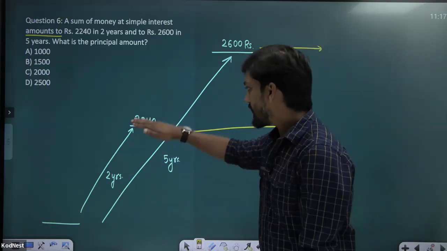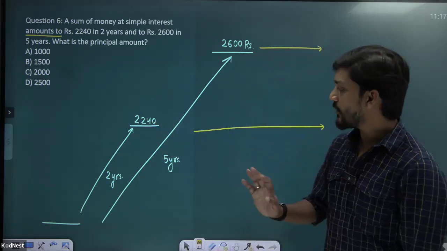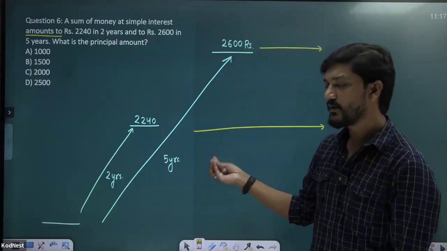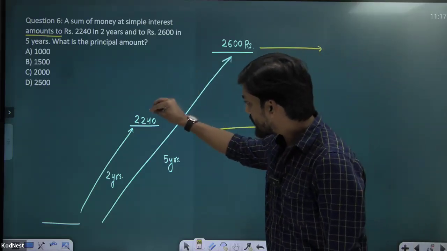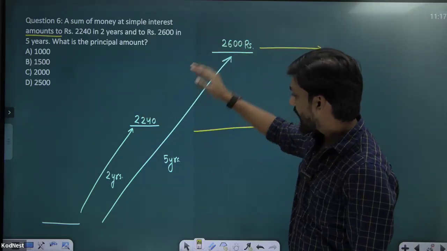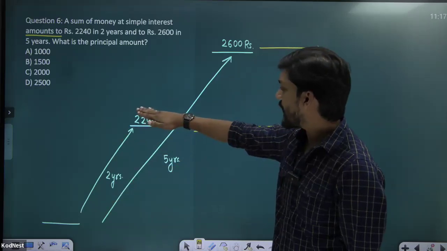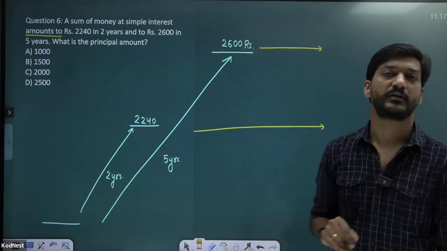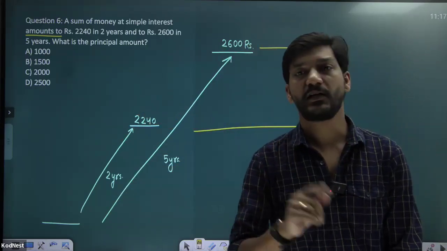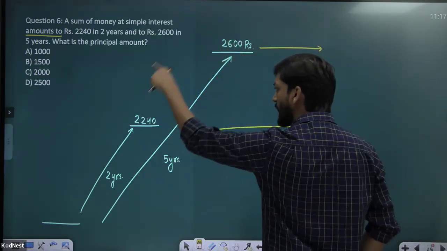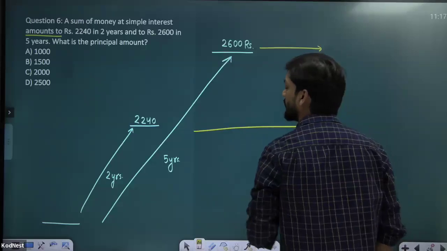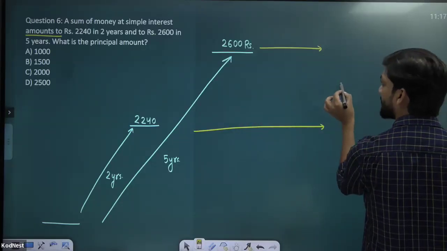After 2 years, you will see this balance. You are not depositing anything else. You are not withdrawing the money also, but still the value is increasing. After 2 years, it will become this. After 5 years, it will become this. In the last 3 years, what is the reason? Why is the value changing? How much is the value changing?